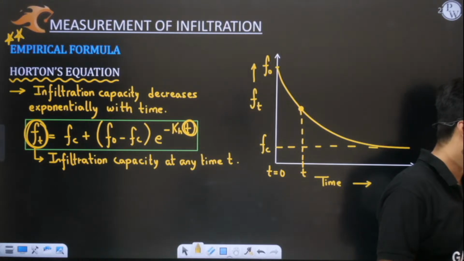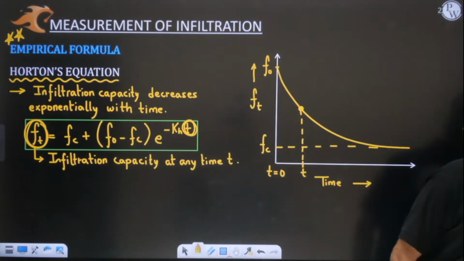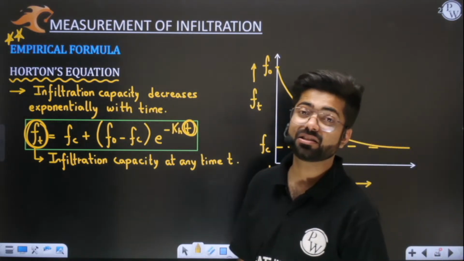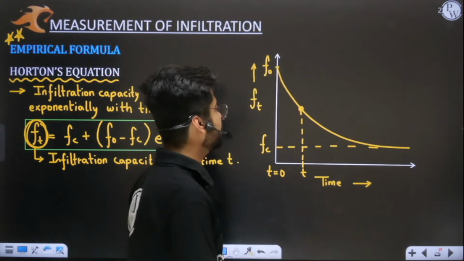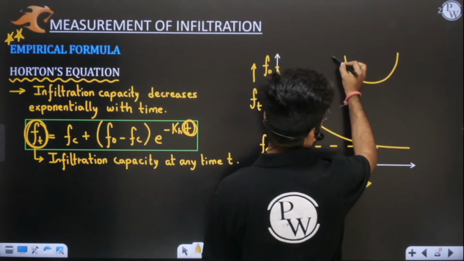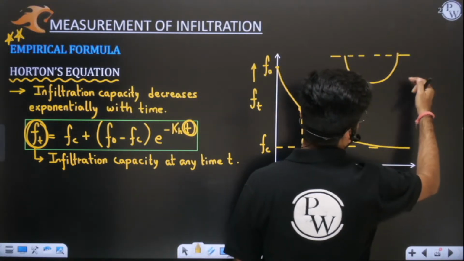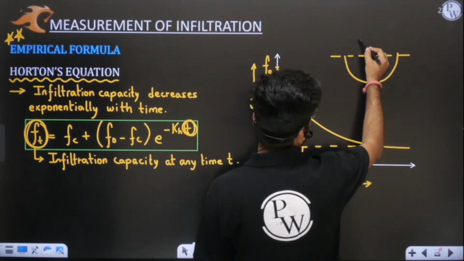Yes, Rahul, obviously both are different. Yes, both are different things. See, storage capacity, that is a different part. Let us say we have a bowl here, and on the bowl at the top, let us say we have perforations, and let us say rainfall is happening.